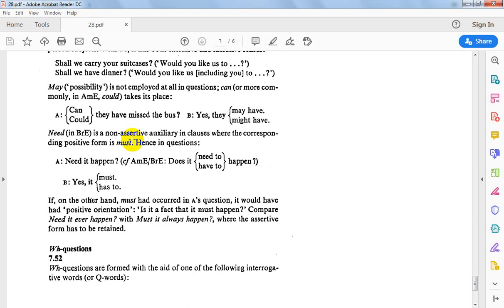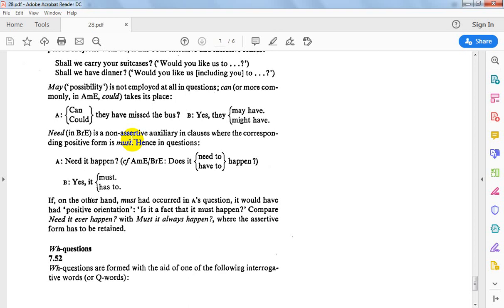I mean sometimes lexical and sometimes modal. So they are marginal. Need it happen? Doesn't need to happen. Doesn't have to happen. When I want to answer, yes it must. Yes it has to. We cannot say yes it needs.